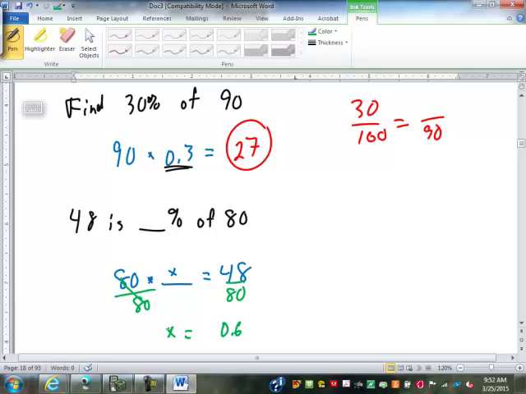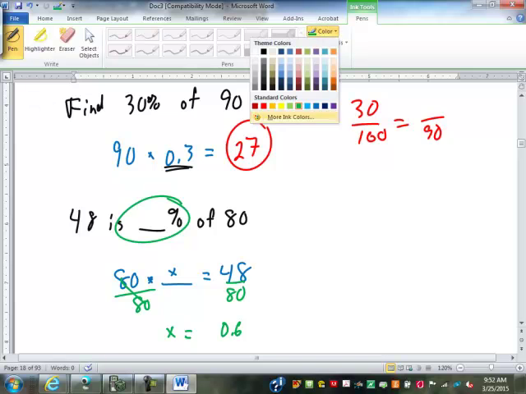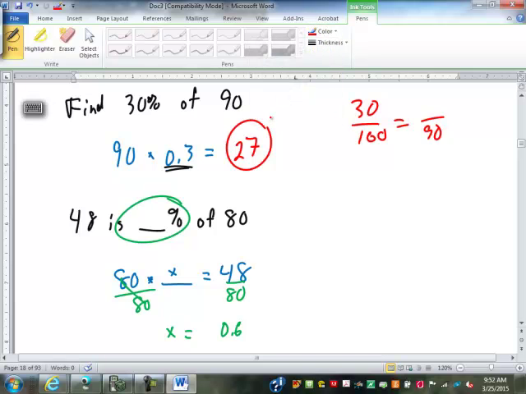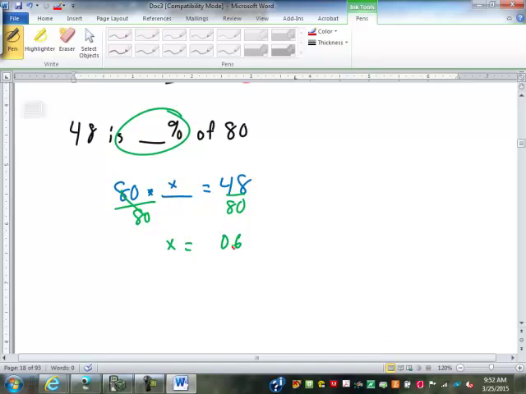This is why I don't like this method at all, because this isn't my answer. X is 0.6, but what I'm really looking for is a percent. To change that to a percent, I have to move the decimal 2 spots. That's really 60%. See where this method is really confusing?